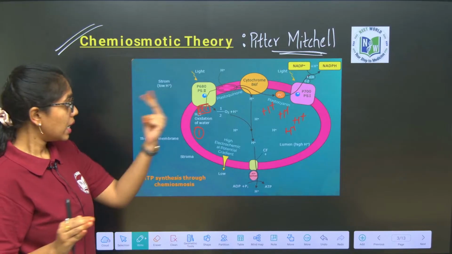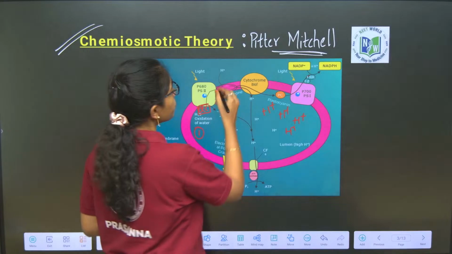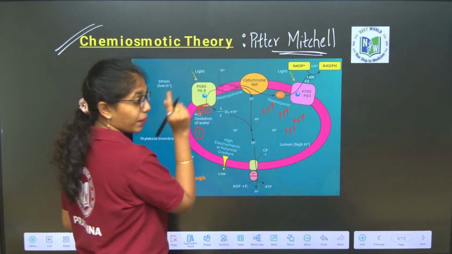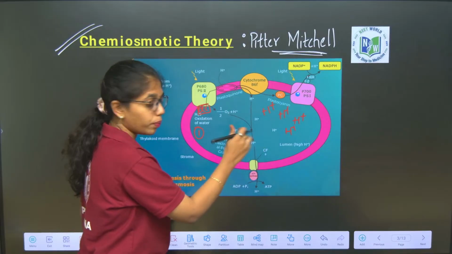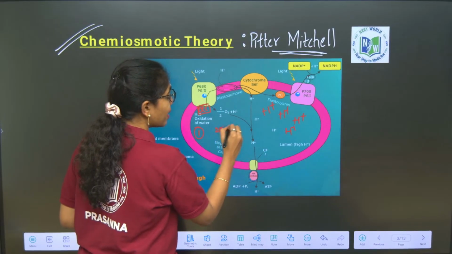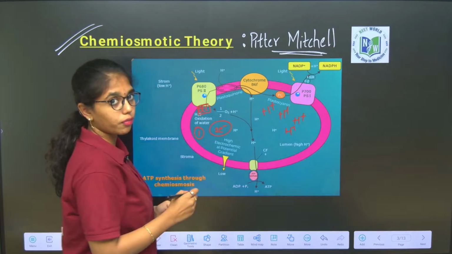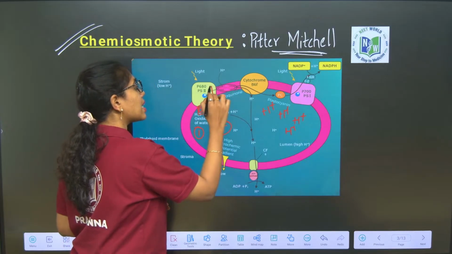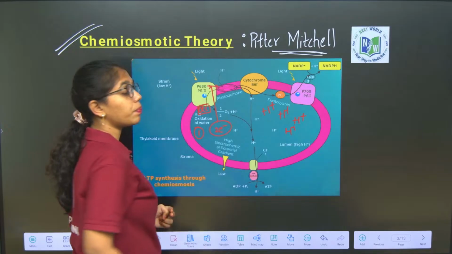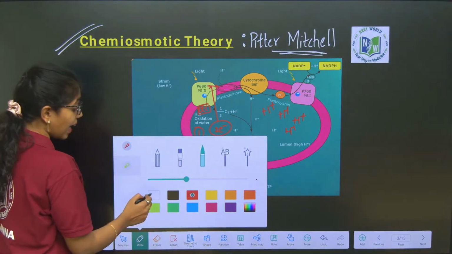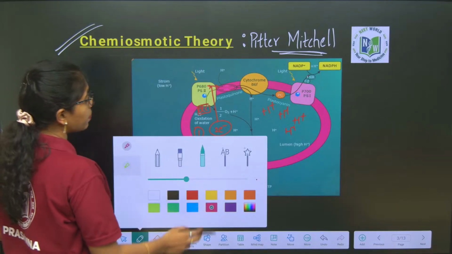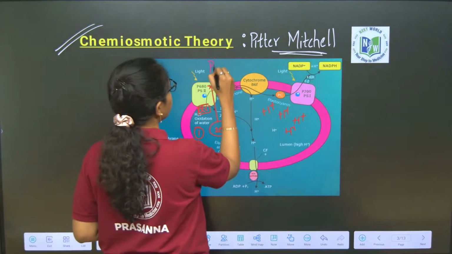Second point is the primary acceptor of the electron here. Protons are accumulating in the lumen, and the two electrons which are released as a result of photolysis of water are submitted to the reaction center and accepted by the primary acceptor. In your NCERT there is a clear line: the primary acceptor here is pheophytin.